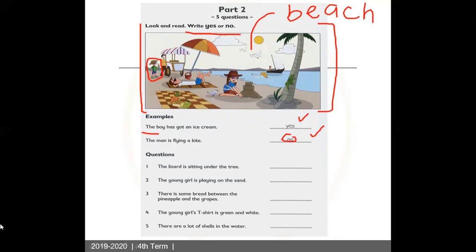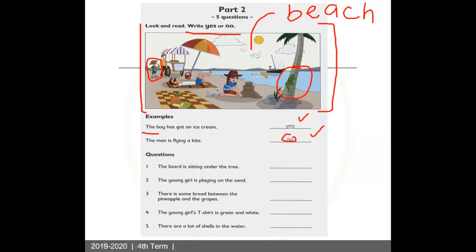Let's move on to the questions. Let's have question 1. Question 1, it says, the lizard is sitting under the tree. Here, this is a lizard. Is the lizard sitting under the tree?